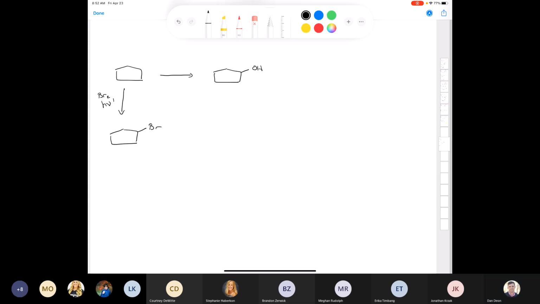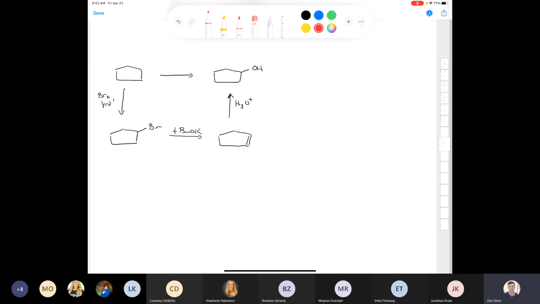We're going to make bromocyclopentane. Then we could treat that with potassium t-butoxide in order to make cyclopentene, and then we could just do hydration with acid to make cyclopentanol.